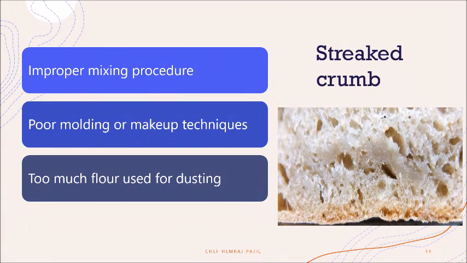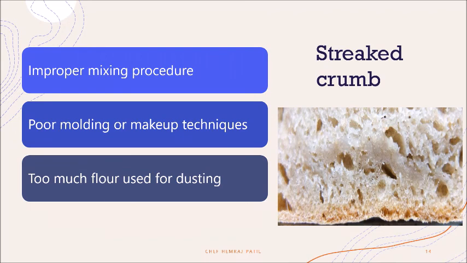Poor molding or makeup techniques, which we have already discussed in the previous slides: if the bread is not molded or made properly, if the punch down is not done properly, if all the gases are not removed properly, then there will be streaks inside the crumb.